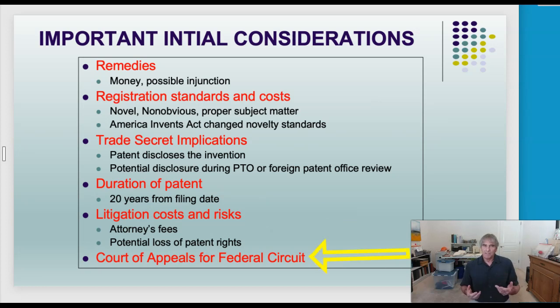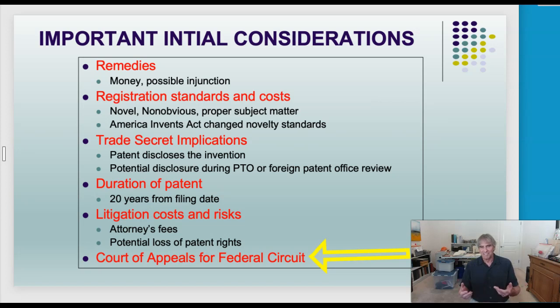One other introductory item worth noting regards the Federal Circuit Court of Appeals, which is where all appeals from lower court patent decisions are reviewed. If you've had a business law class, then you know that the typical route in federal court begins with a trial at the district court, and the loser then may appeal to a regional appeals court.